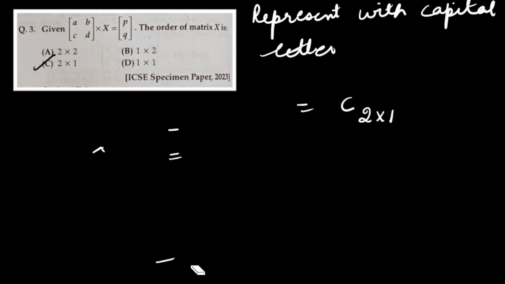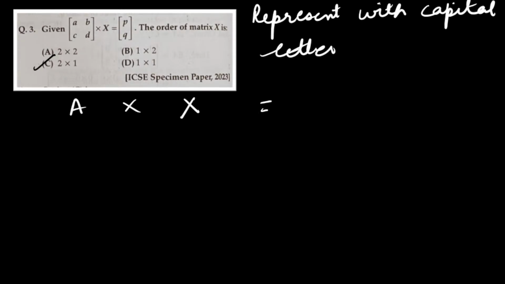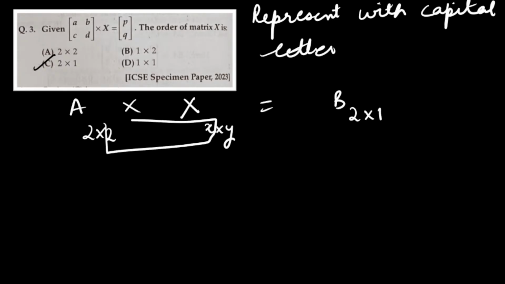Here matrix A is getting multiplied with matrix X, and we are getting some answer. Suppose this is matrix B. So the order of A is 2 by 2 and the order of X we don't know. We can write it as small x into y. The order of B is given to us, this is 2 by 1. Now these two inner ones should be the same.